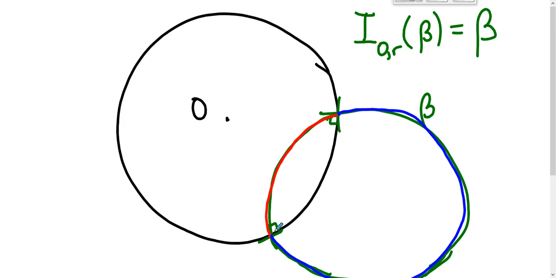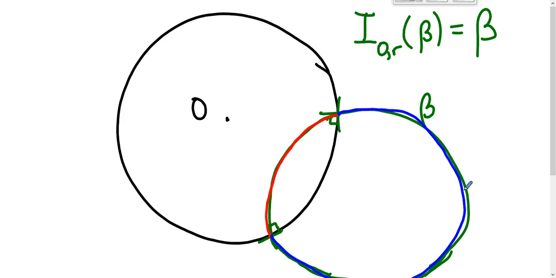This result does not hold if the green circle is not orthogonal to the black circle. But if it is, if those circles are orthogonal, then the image of the green circle under an inversion in the black circle is the green circle, but the inside becomes the outside and the outside becomes the inside.